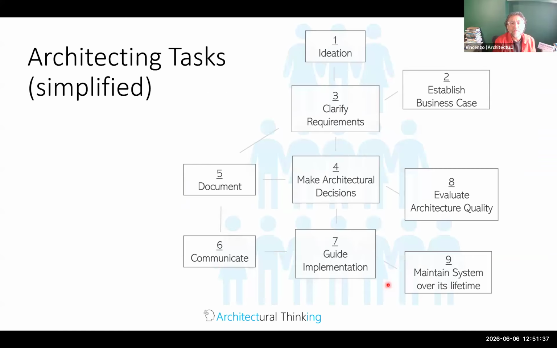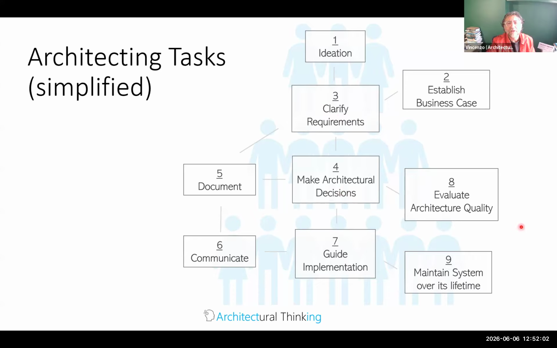The other thing that we cover in the course is just to give you an idea of where we are, because the architecting task goes from ideation to actually maintaining the system. In the training course, we cover this to some level of detail. But today in this session, we will talk primarily about clarifying requirements and to some degree architectural decisions.